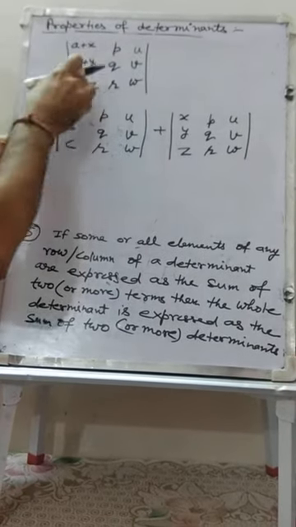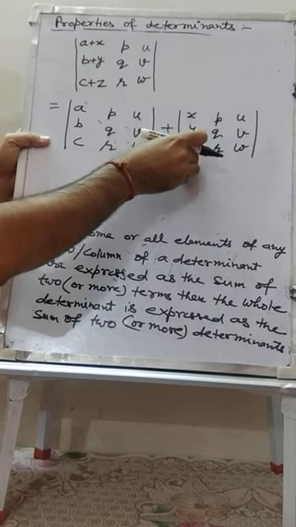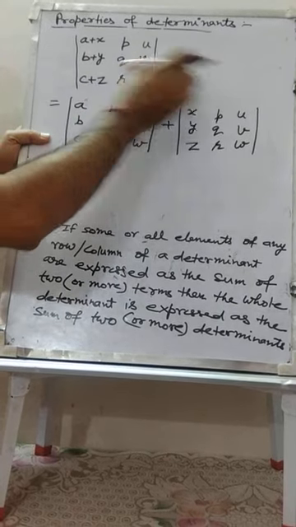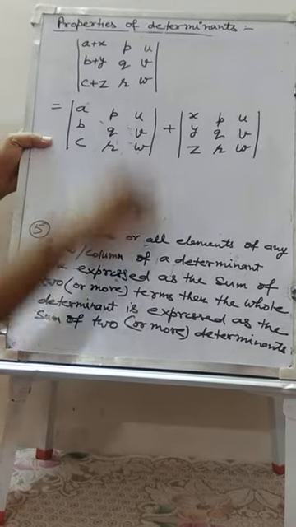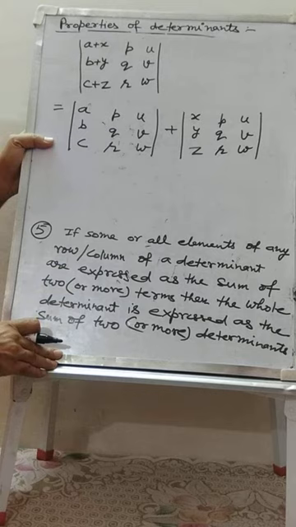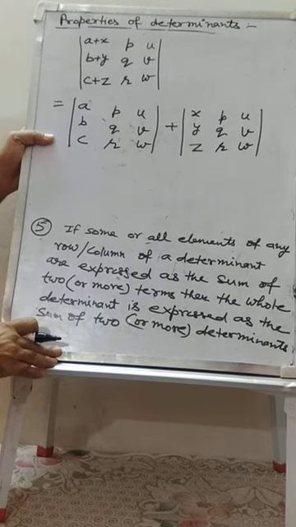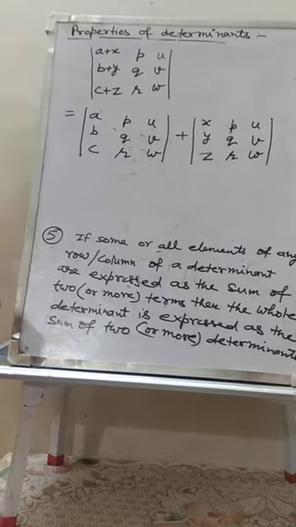Means in the first determinant we take the first elements, in the second determinant we take the second elements, and the remaining two columns C2 and C3 are the same. So this is property number 5, and it is very useful for dealing with determinants which are expressed as the sum of two or more terms.